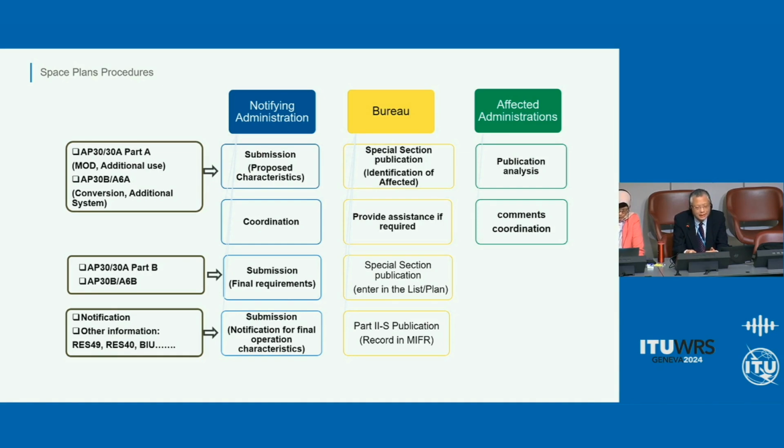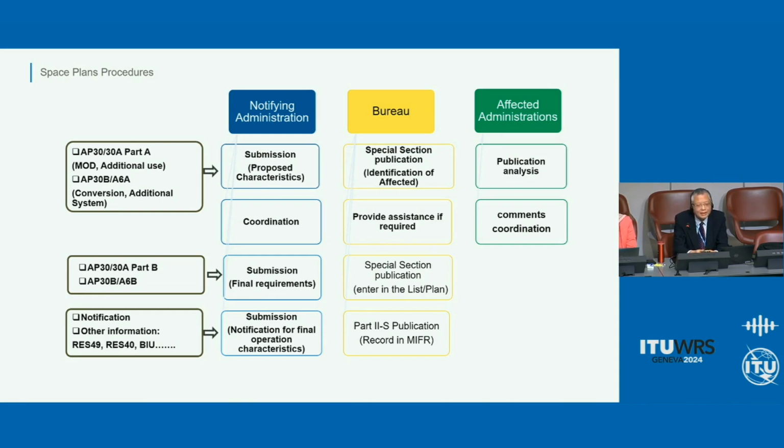Then the final step is notification. So you notify the actual parameters of your system in the form of the date of bringing into use or things like that. Then the assignment could be recorded in the master register.